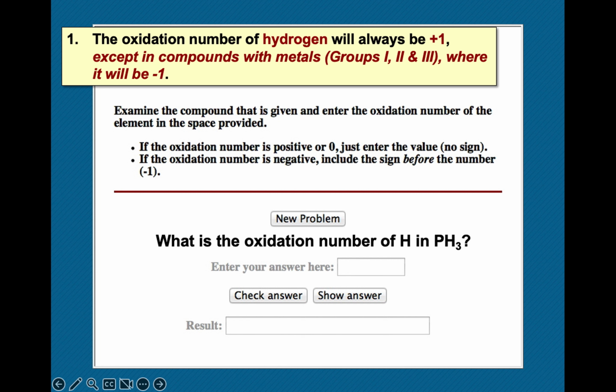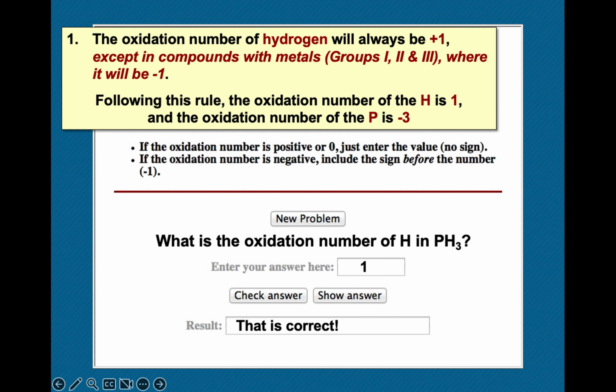So this will be +1. We have 3 of them, so the phosphorus must be a -3. So +1 for our hydrogen, -3 for the phosphorus. Any questions?